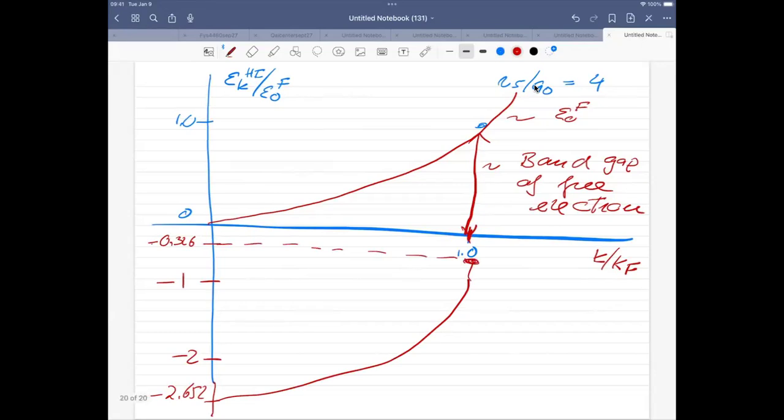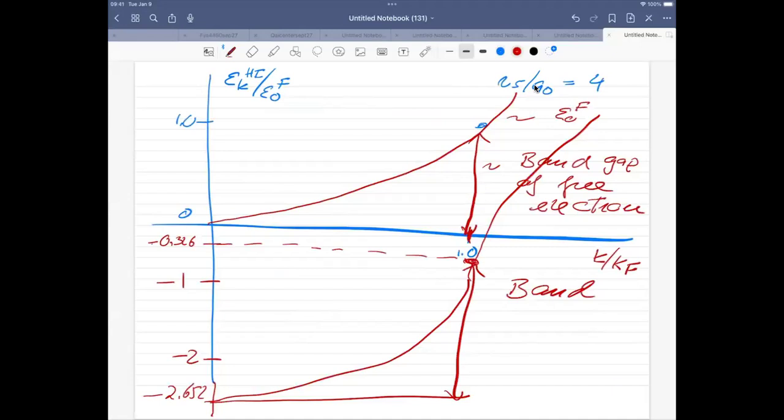And then this one has a slight discontinuity, and it goes up like this. This is very schematic. So this gap which you see here defines the band gap with exchange.